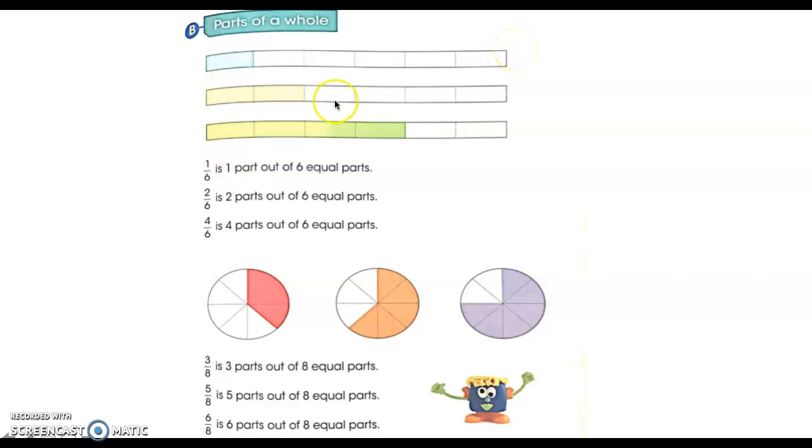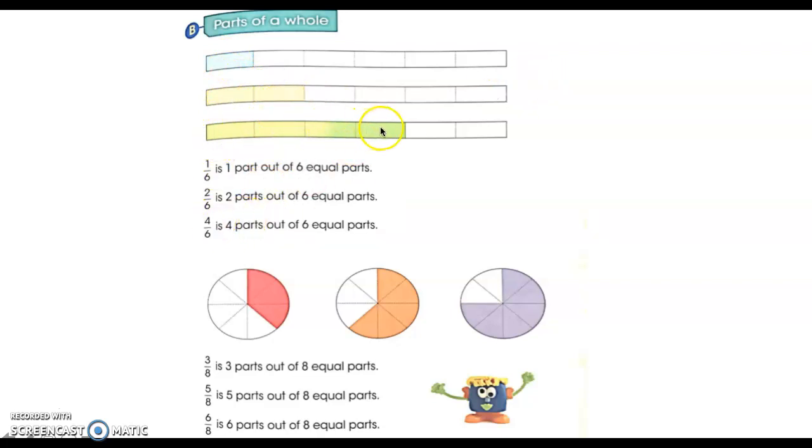6 equal parts. Now see, if I color 2, if I take 2 units, still the whole piece is divided into 6. See? But I'm taking 2 parts, 2 pieces, 2 units now, 2 equal parts. So that will be 2/6. So that means 2 parts, 2 units out of 6 parts.